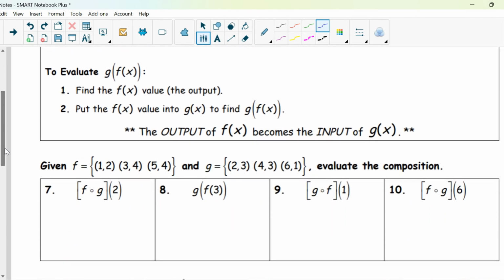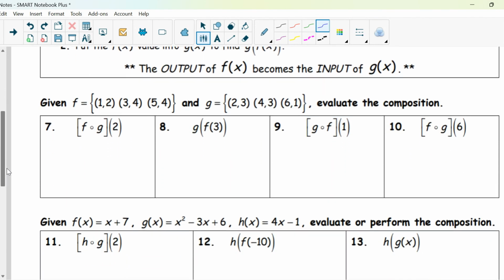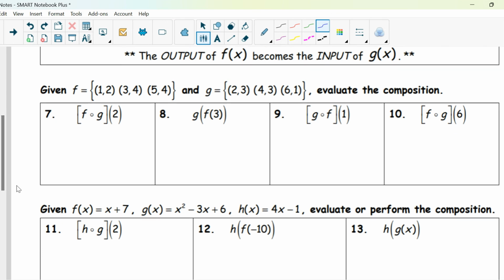So let's give this a look. In this case, they give us different inputs and outputs as a set for both f and g. We are going to evaluate the given function. Right here, we have f of g of 2. The first thing I would find out is, what does g of 2 give us? Because that output is going to be the input for f of x.